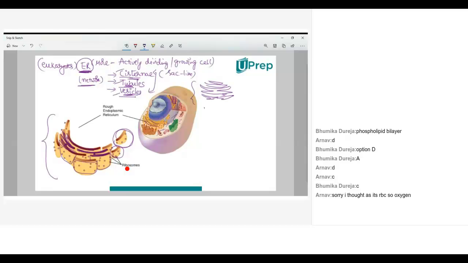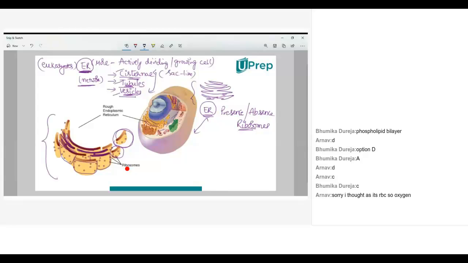Now, the endoplasmic reticulum, based on the presence or absence of ribosomes, can be divided into two types. Ribosomes, what are they? I'll discuss.